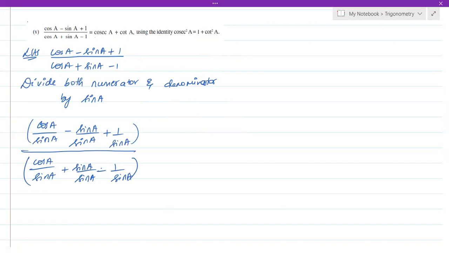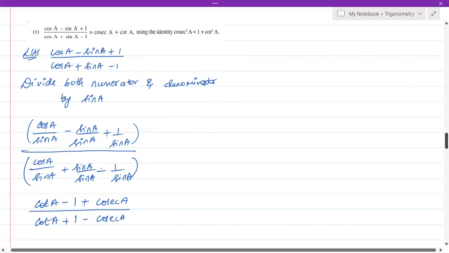Cos A by sin A is cot A, minus sin A by sin A is 1, plus 1 by sin A is cosecant A, divided by cos A by sin A is cot A, plus sin A by sin A is 1, minus 1 by sin A is cosecant A.